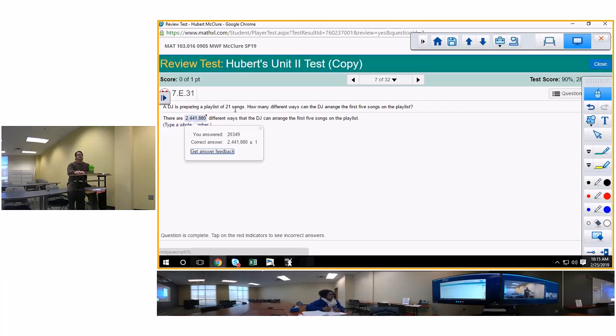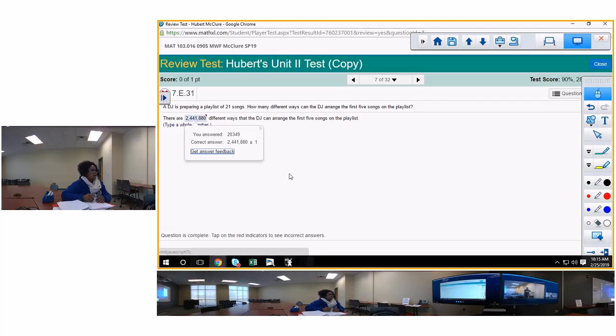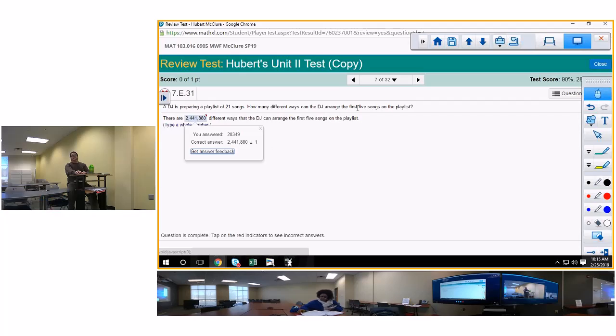Do 21 permutation 5. I don't agree with that because it doesn't say a certain order. It just says the first 5 songs. I disagree with that question, but do permutation, and hopefully the people watching, that'll be a permutation.